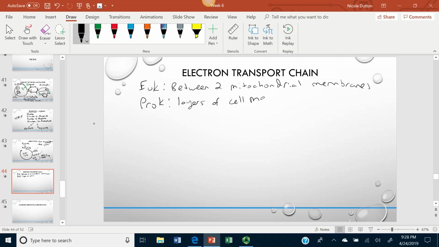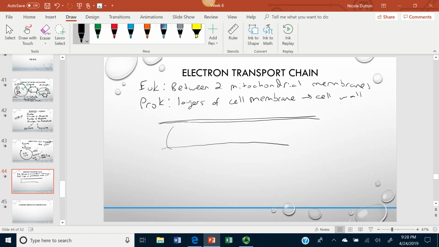So the cell membrane to the cell wall. So the electron transport chain consists of these large membrane-spanning complexes. If we have a phospholipid bilayer here, so this is a double membrane structure, and then we have a phospholipid bilayer here, so it's another double membrane structure. And then there's a space between the two membranes, this intermembrane space. Well, you've got these large complexes that span inside of here.